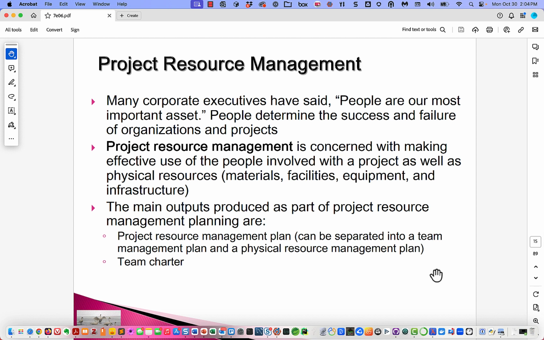So, again, even software development projects consume other resources other than human resources. They consume computing time, and they consume office space, and they consume airline tickets and hotel rooms and all those kinds of things.